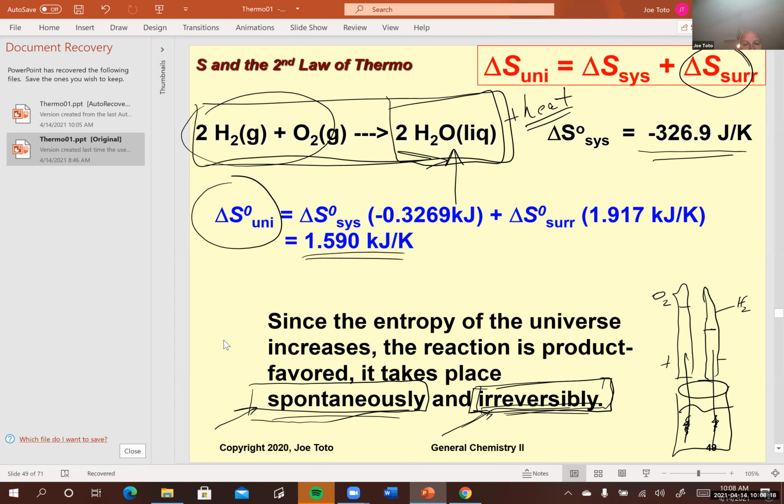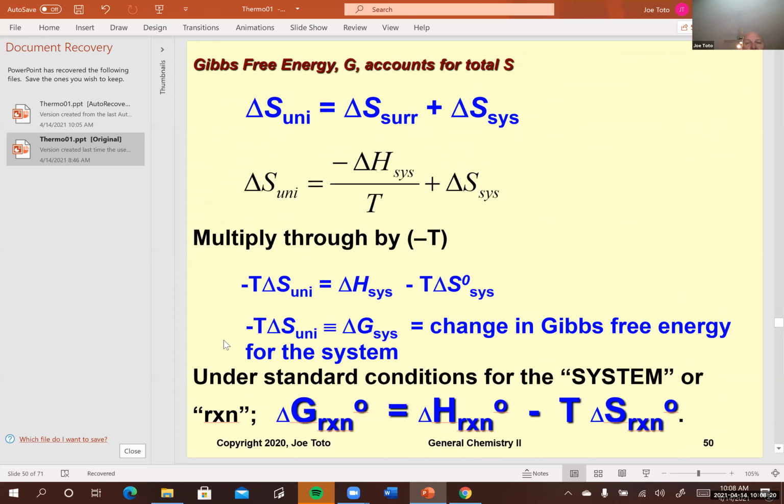All right. So we said, okay, well, that's great. We understand why all processes in the universe take place, but we want to focus in on chemistry. So let's take the second law of thermodynamics and the equation that comes out of it, and look at another form of this equation.